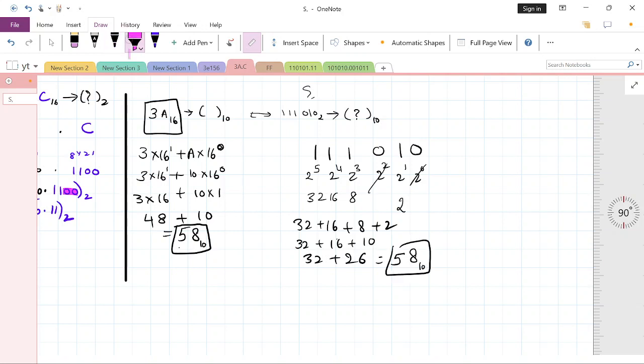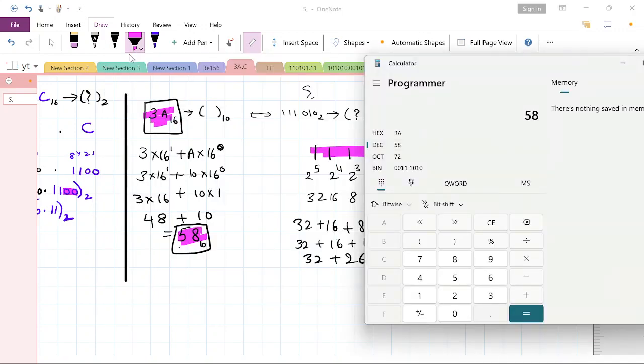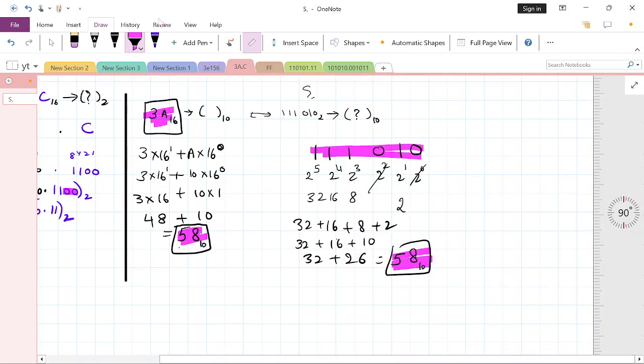See, your answer is the same. 3a gave me a result 58, and when I convert this string, this was also giving me 58. So this binary pattern is correct. So this whole number part given in my question, and the whole number part which I received in the answer, they are correct. So whatever pattern I wrote over here is correct.